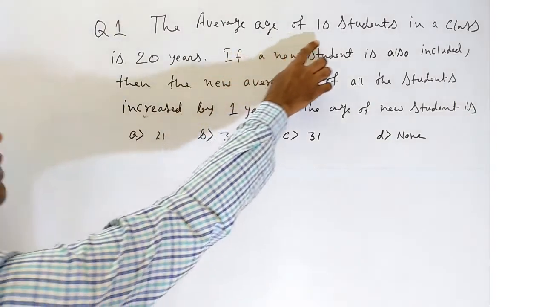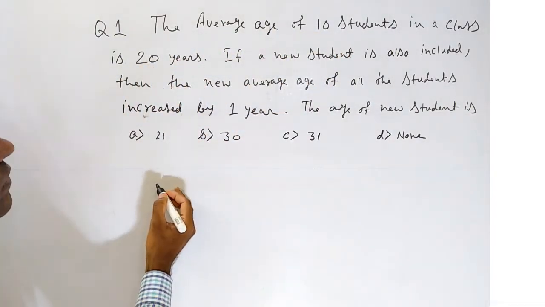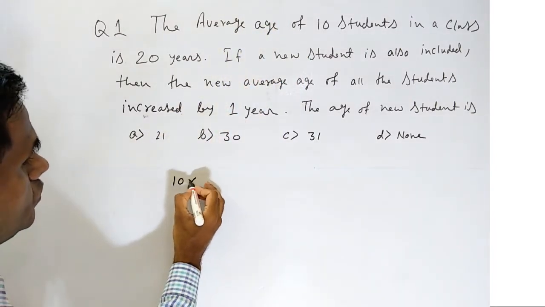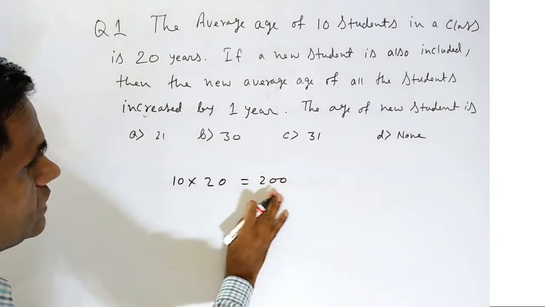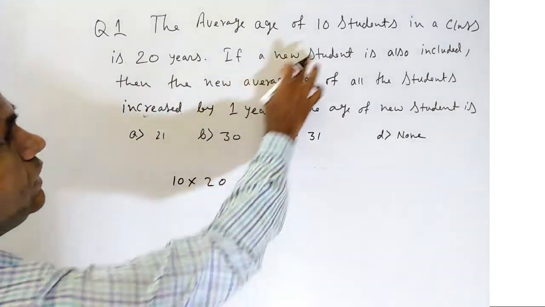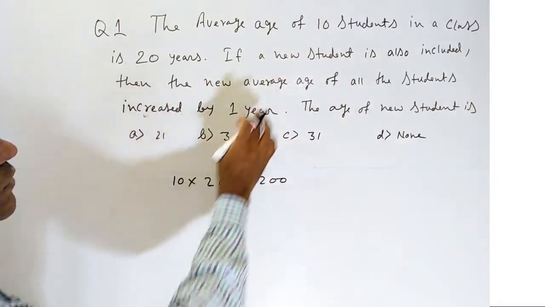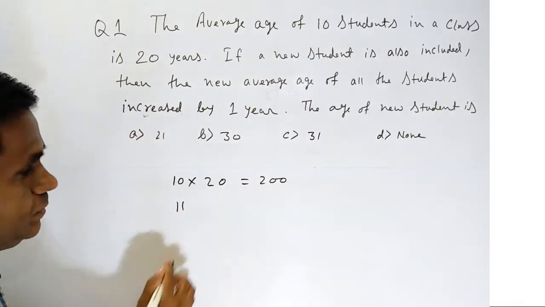So average age of 10 students is 20 years. So the sum of 10 students' age is 10 into 20, which gives 200. Now if a new student is also included, 10 students are there, one more student is included, it will become 11.